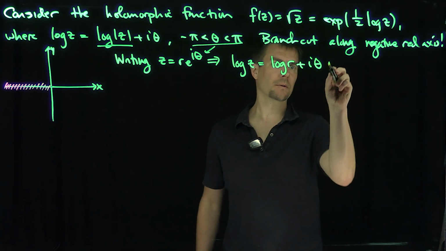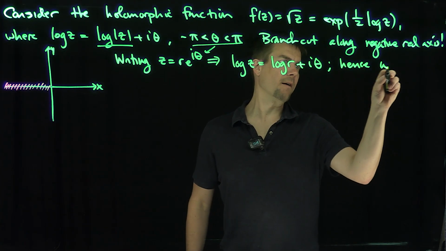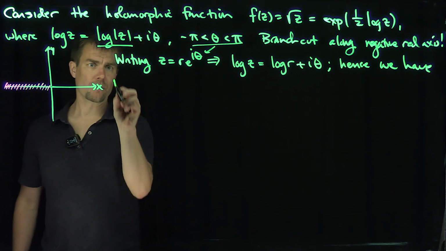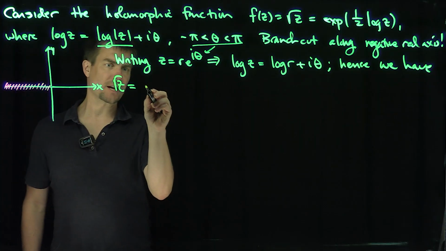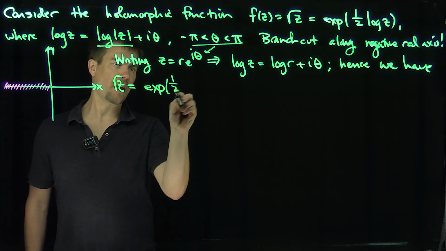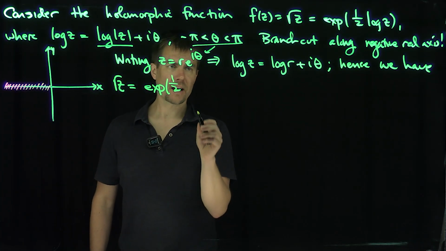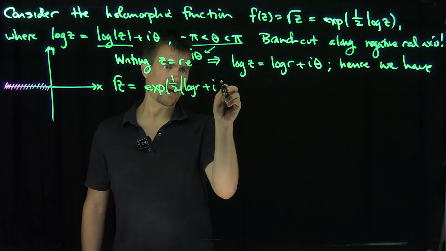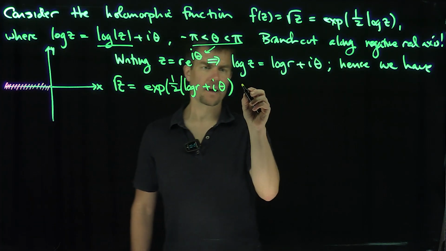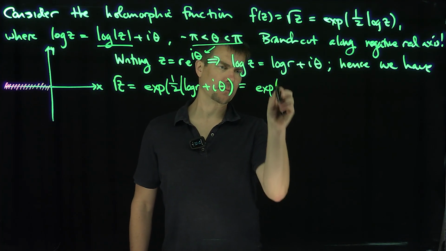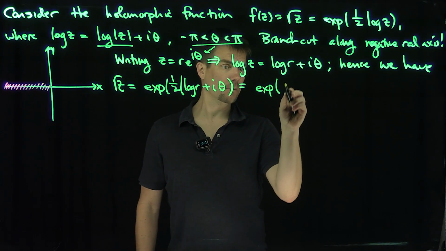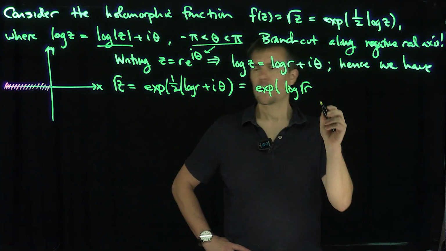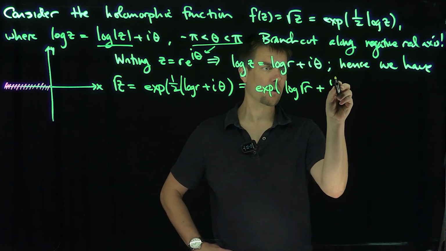So hence, we have that the square root of z is equal to the exponential of 1/2 times log r plus i theta. And so this is going to be the exponential of log of square root of r, because the modulus is a positive number, plus i theta over 2.